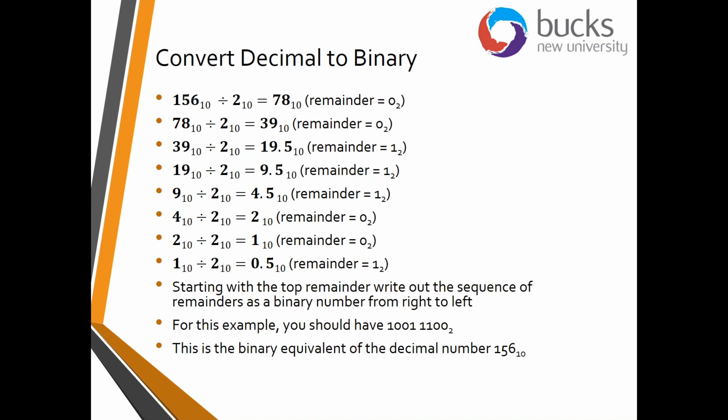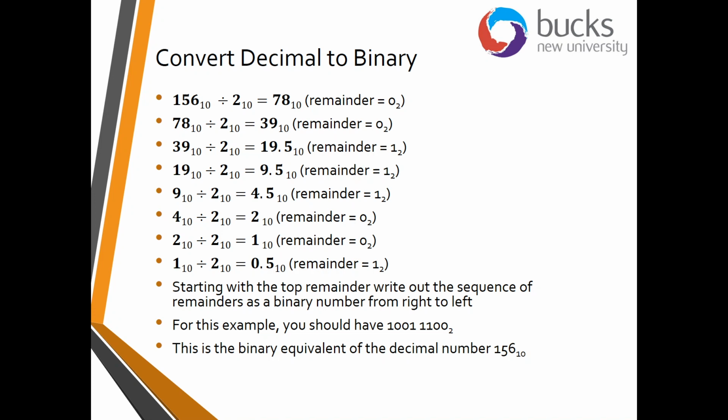And then 4 divided by 2 gives us 2, no remainder. 2 divided by 2 leaves us with 1, and again we have no remainder on that. 1 divided by 2 would give us effectively 0.5. So we would just simply say, well, it leaves us with 1, the remainder we could write as 1.